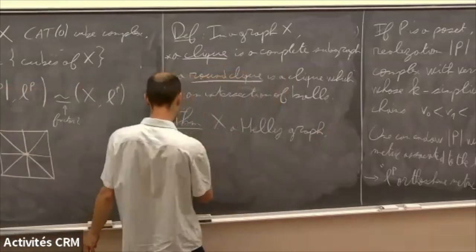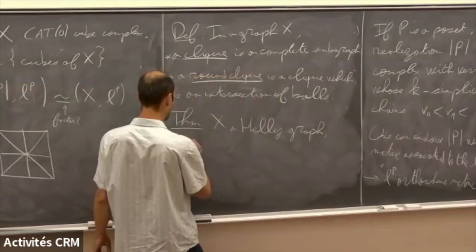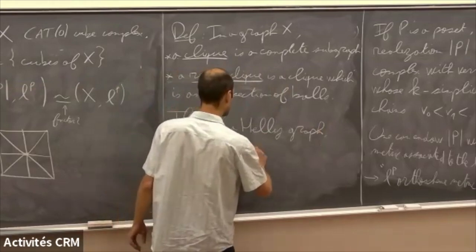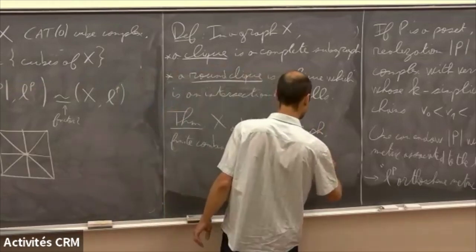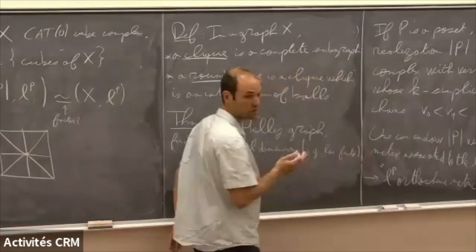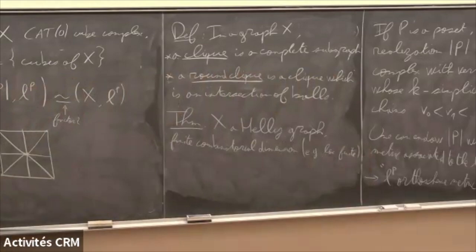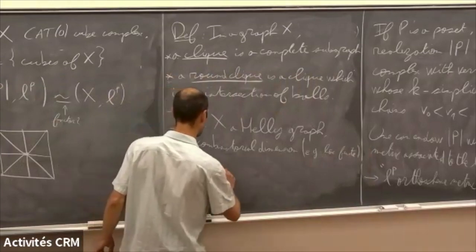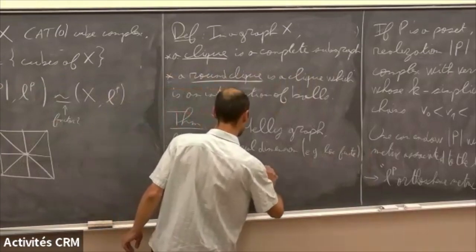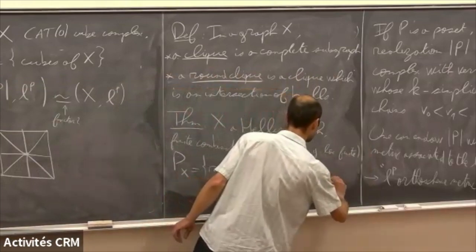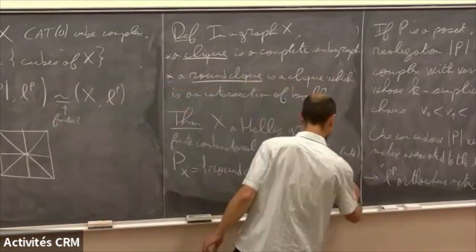I want X to be with finite combinatorial dimension, for instance locally finite. I will look at the space P of all round cliques of X, which is a poset.